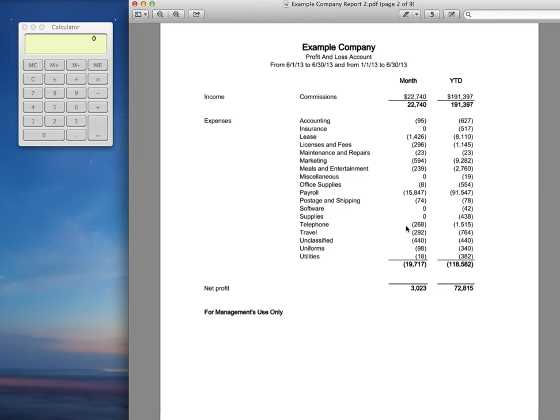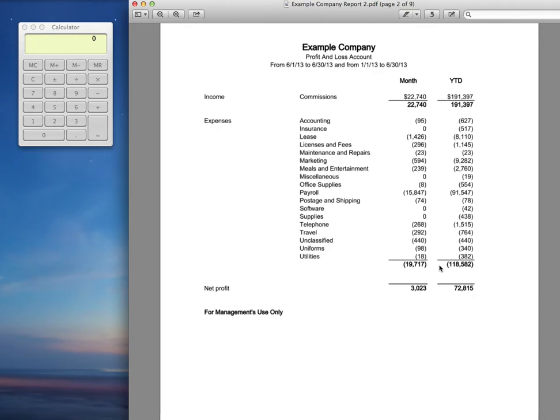Is there a cheaper phone service out there, or a more efficient one, that would save me maybe $1,000 for the year? Without viewing and analyzing these numbers, you can't even really ask yourself those questions, and you don't see the impact it would have on your bottom line and ultimately in your pocket.